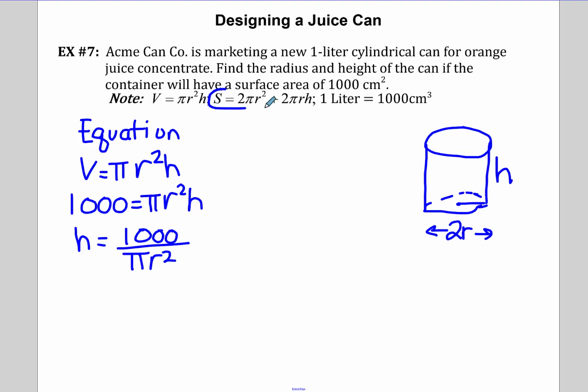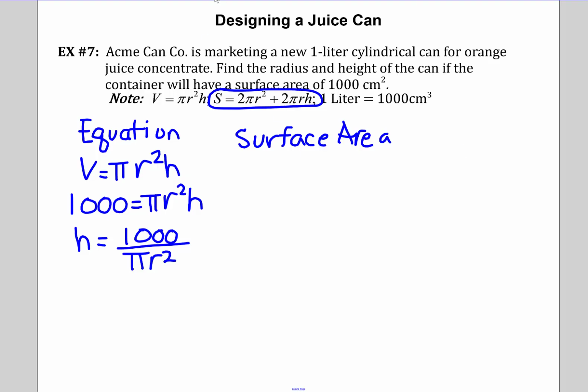Now surface area is this formula. So the surface area is 2 pi r squared plus 2 pi r h. I have to erase my fancy orange juice can.